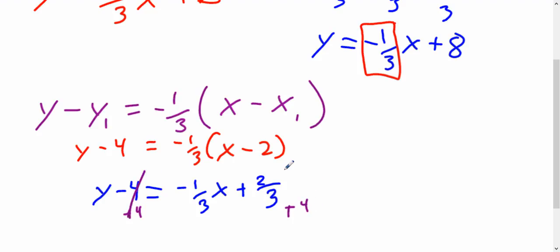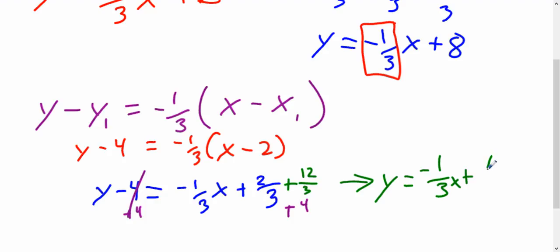Since we're trying to add it to a fraction, you need to have a common denominator. So if you want a denominator of 3, 4 would have to be 12 divided by 3. Two thirds plus 12 thirds is 14 thirds.